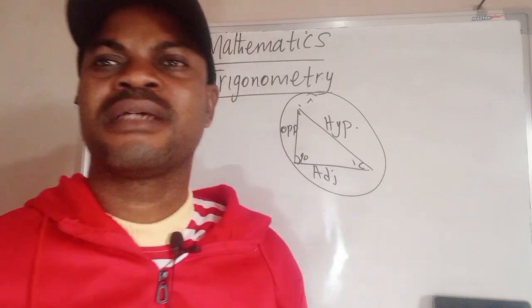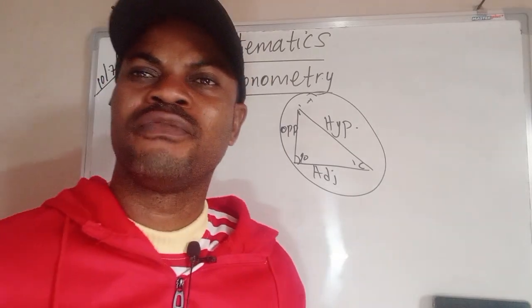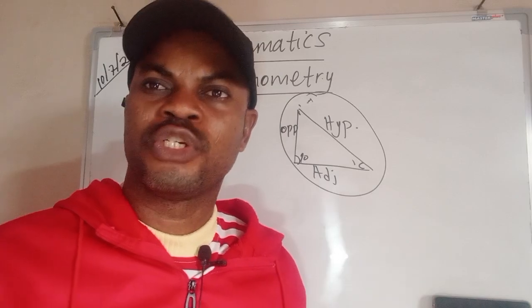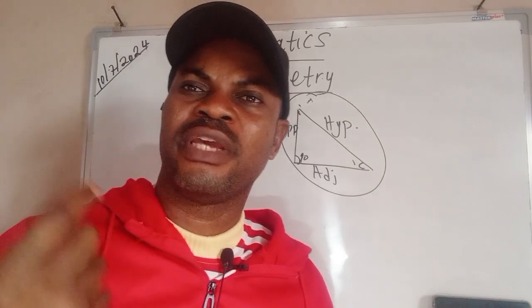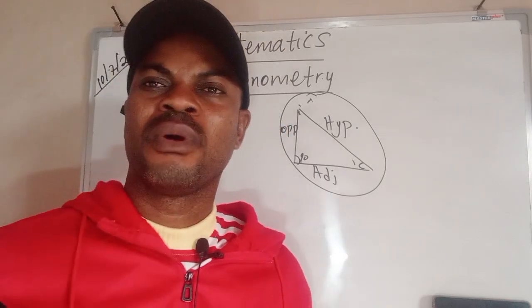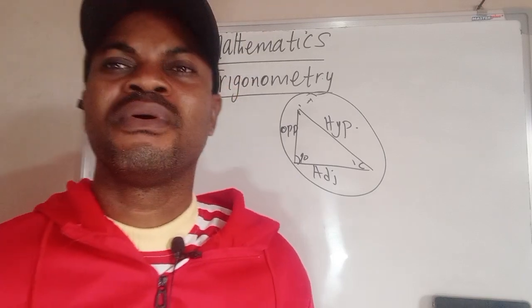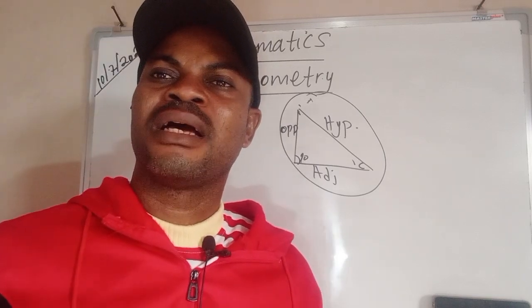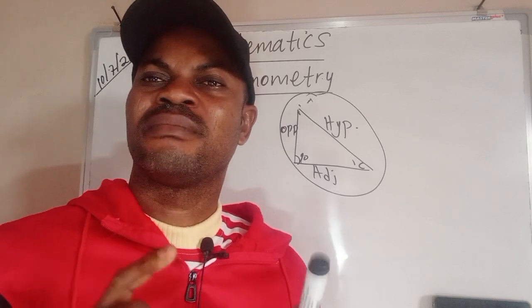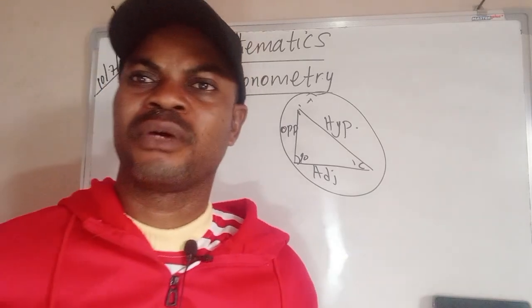All I have said is the fact that all right angle triangles can be resolved using Pythagoras' theorem, which we have resolved in our previous classes when we started mathematics on this page. What is Pythagoras' theorem?